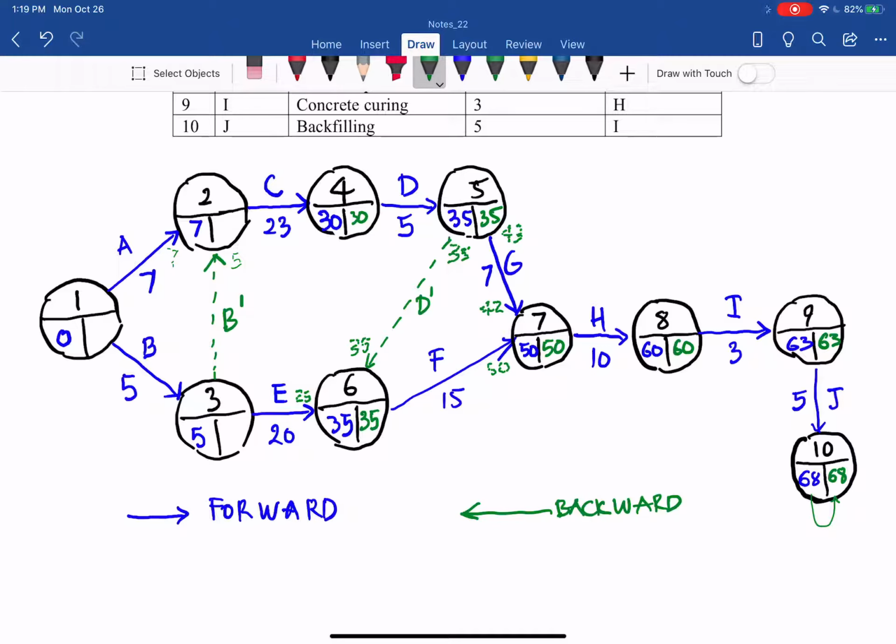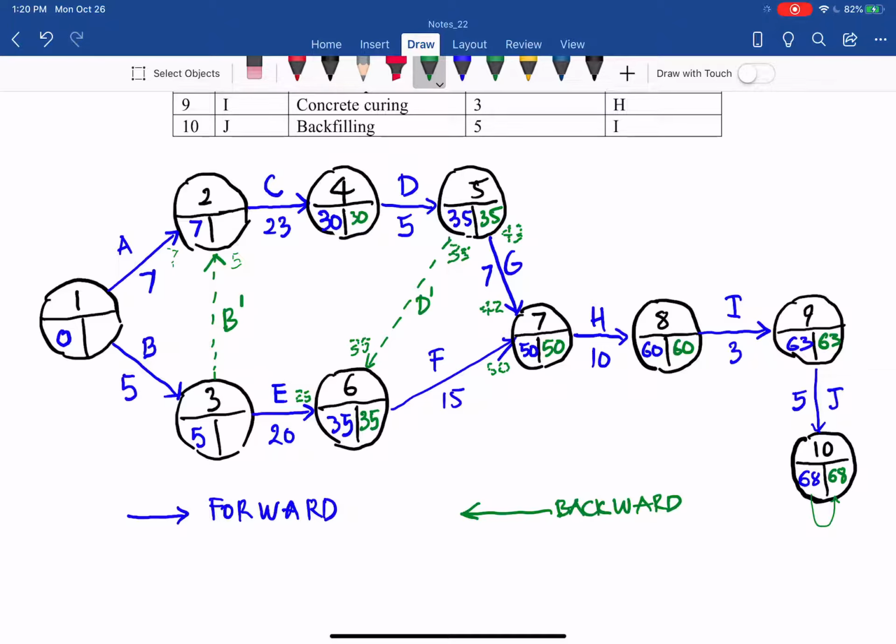Okay, and then you go ahead to find out the node for 2, 3, and 1.